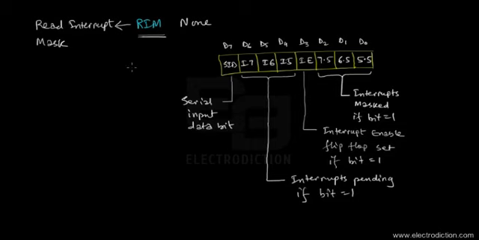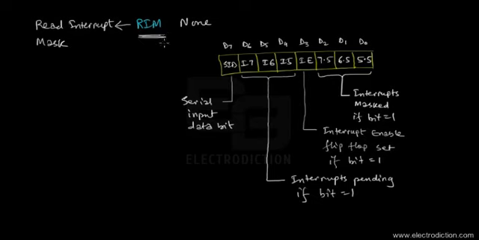All this status information, and even what type of input bit you're getting through the serial input port, is obtained or retrieved if we use the RIM instruction.